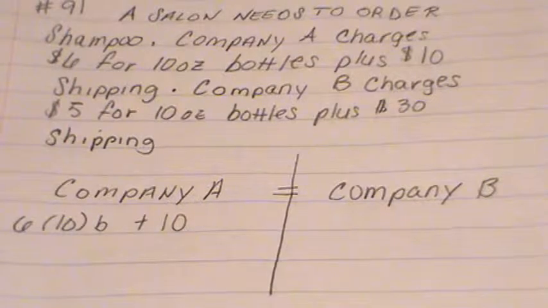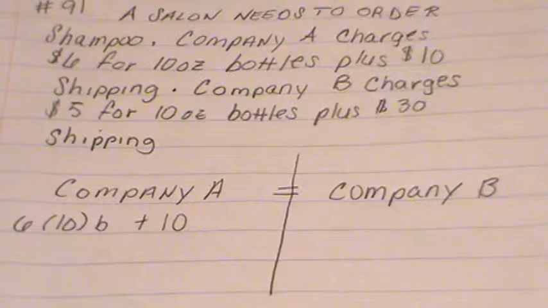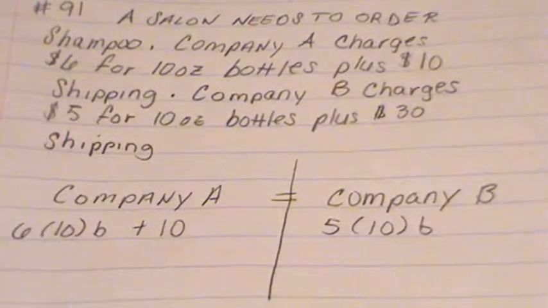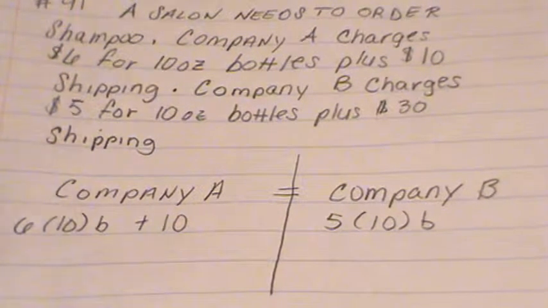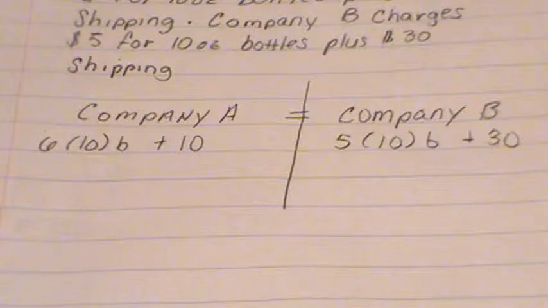I'm translating it from English to algebra. So again, $6 times the 10-ounce bottle plus $10 for shipping. Company B, they charge $5 for a 10-ounce bottle, but they charge $30 for shipping. So plus 30.